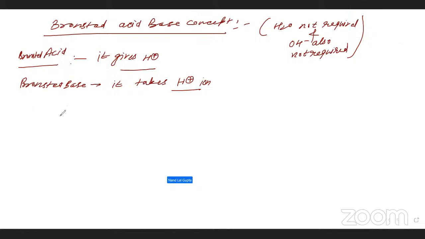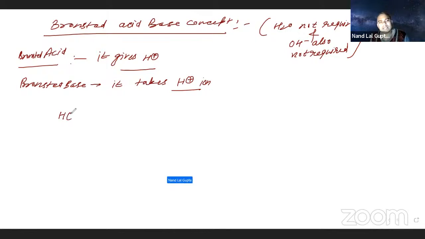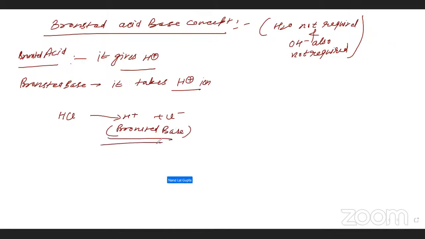Okay. Now, suppose I talk about HCl. It is giving H plus ion and Cl minus. Since it gives H plus ion, it is a Bronsted acid.